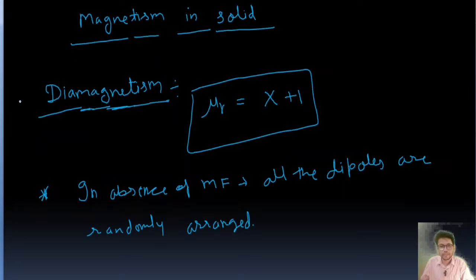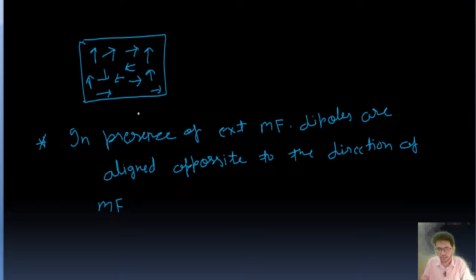Initially, when there is no external magnetic field, all the dipoles inside the diamagnetic material are randomly arranged, as I have shown in the figure.